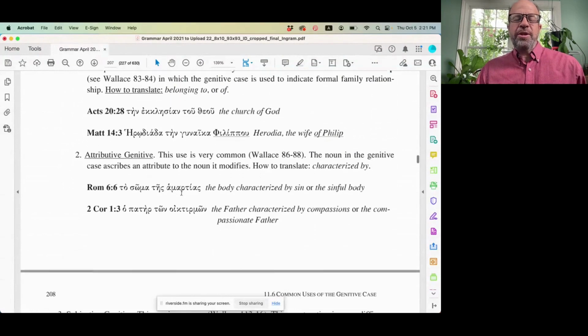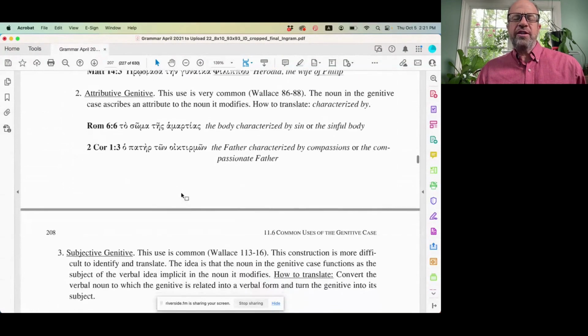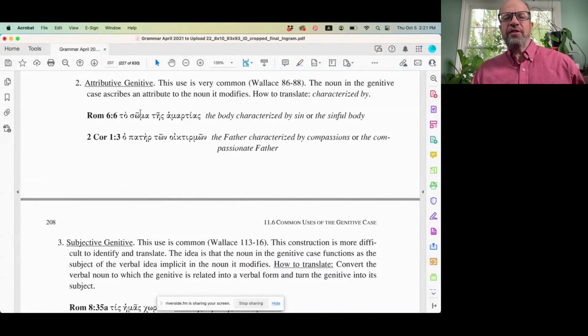The attributive genitive is when you have the genitive noun and then the head noun, and the genitive functions to qualify the noun as an attribute. An example is Romans 6:6, to sōma tēs hamartias, the body of sin.